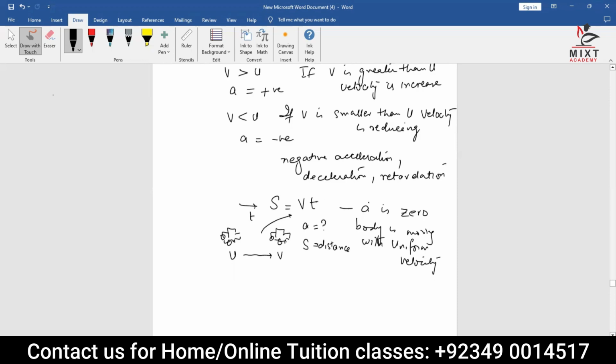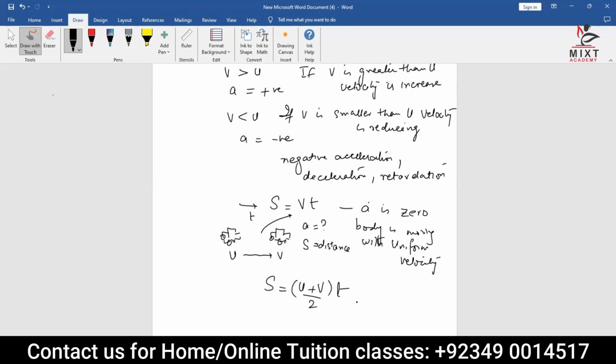Now, this formula S is equal to Vt is, as I told you, the formula when the body is moving with a uniform velocity. But we can write this as S equals (v plus u) divided by 2 into t. This formula can be used because we are finding the average velocity here: initial velocity plus final velocity divided by 2.